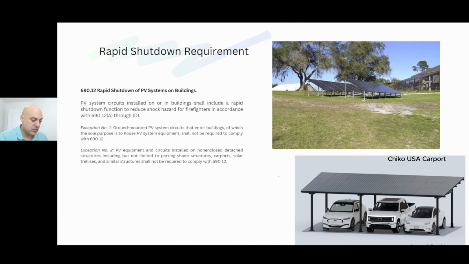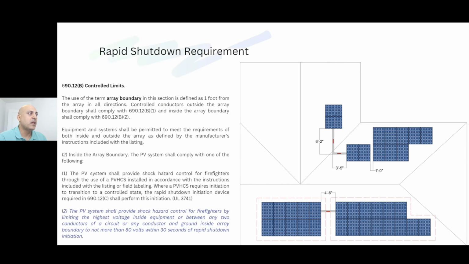Okay, so now since we were referring to requirements of the rapid shutdown, let's see what it's about. First of all, they want us to define an array boundary. The term array boundary is a perimeter that consists of no more than 1 foot from the array in all directions.